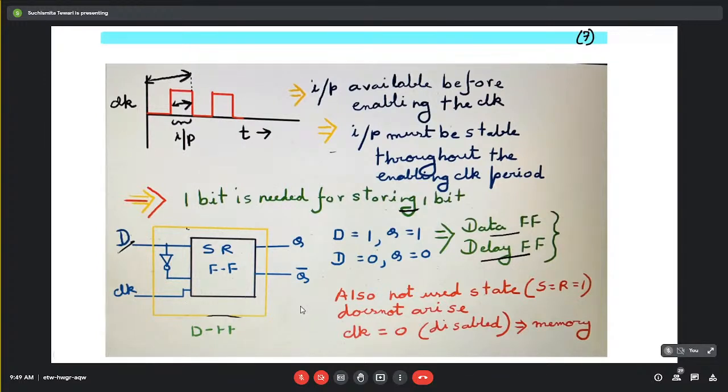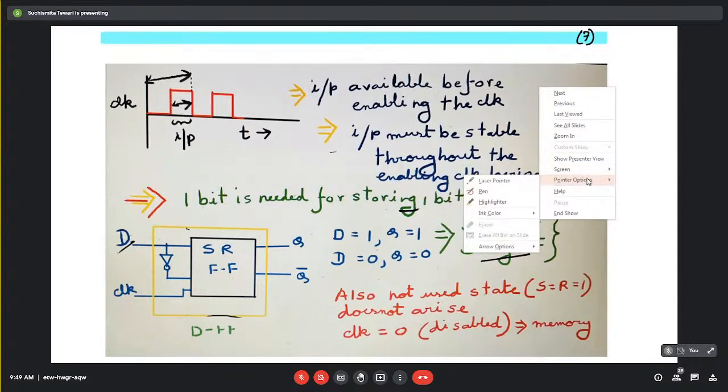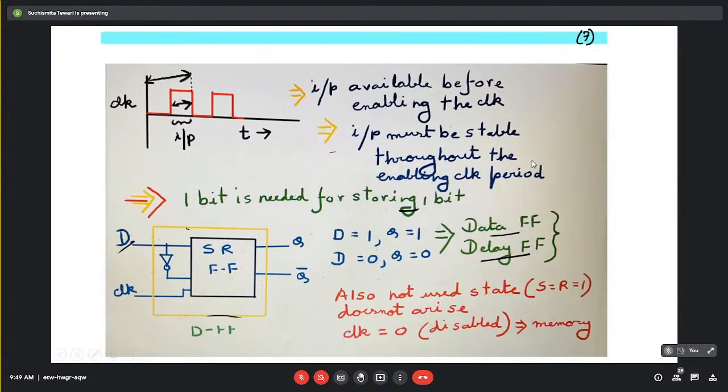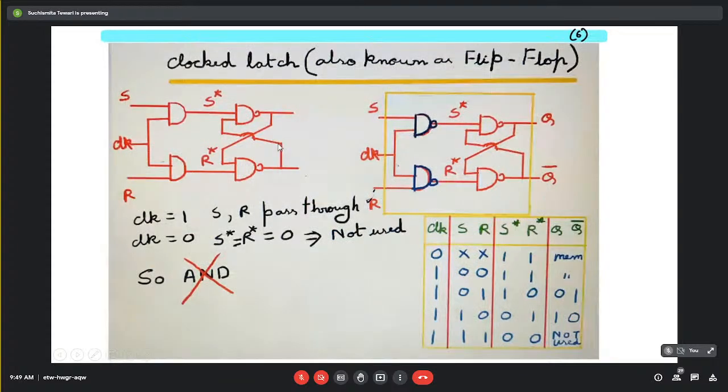Now there is some terminology that is often asked in viva questions. Suppose at this stage you are asked to tell how many inputs and outputs are there in a single flip-flop. What would be your answer? In this case, we have mentioned flip-flop.